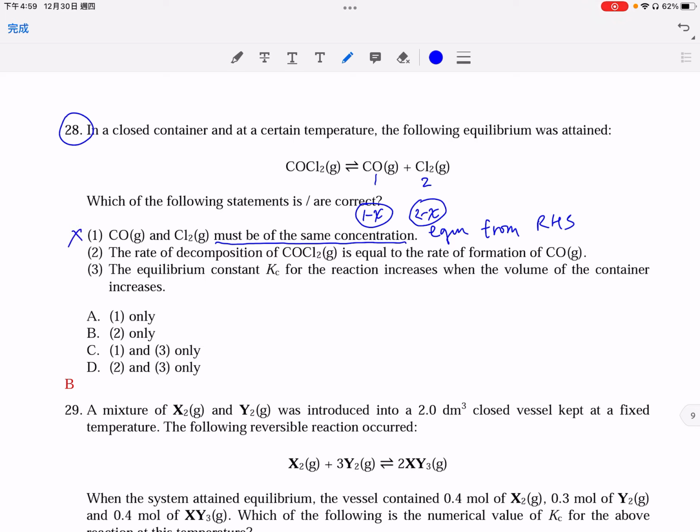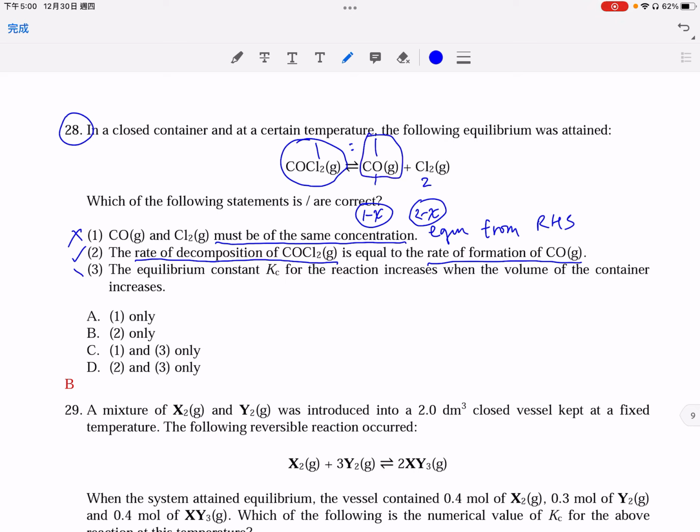Statement 2 is of course correct, and this is by definition. Rate of decomposition of COCl2 is equal to the rate of formation of CO based on the mole ratio 1:1. As 1 mole of COCl2 reacted, then 1 mole of CO will be produced. Statement 3 is of course incorrect.